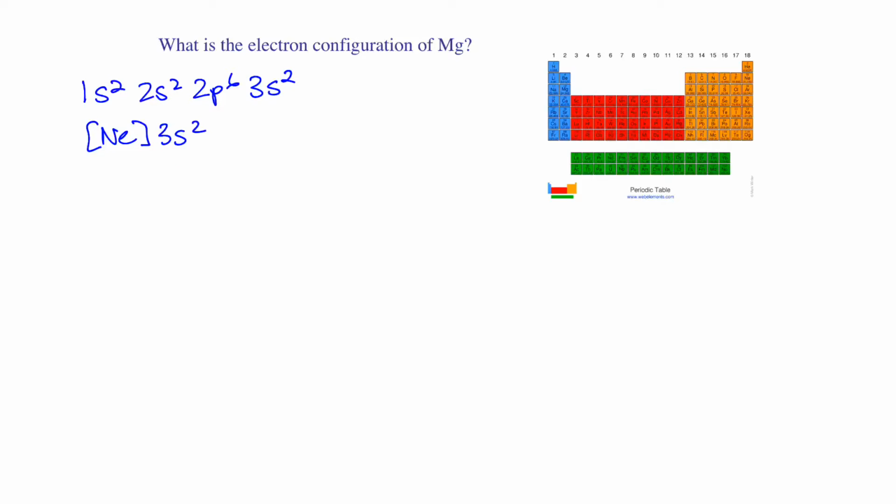Next question for you: what would you expect the electron configuration to be for a magnesium ion? Ask yourself, if the goal of most atoms is to get to a noble gas electron configuration, what kind of ion do you think magnesium is going to want to form?